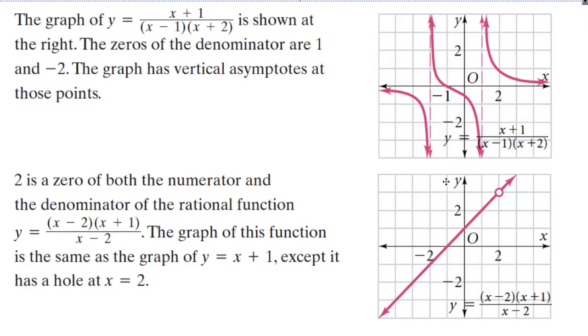The second graph we have, we notice that we have an algebraic expression that is the same in the numerator and the denominator, and you can see that in this statement here.